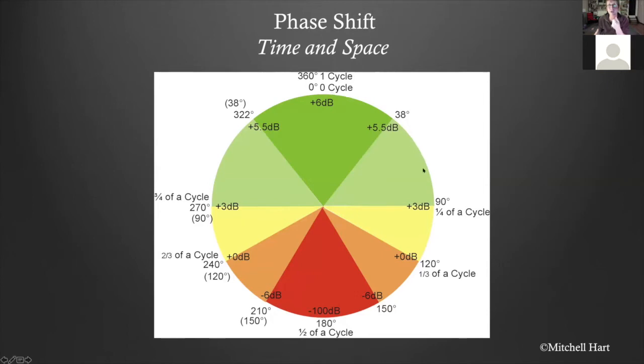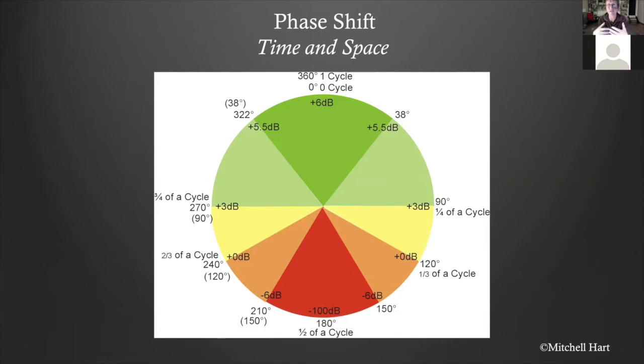As it moves away, there's a point where if they're both exactly the same, it's 6 dB. They'll add together perfectly, and you'll get a 6 dB increase in SPL. As you move around the side here, you can get to a point where they're slightly out of phase, at 90 degrees.